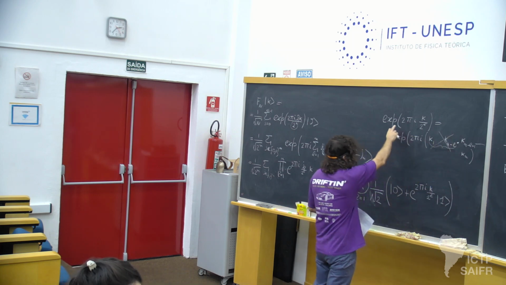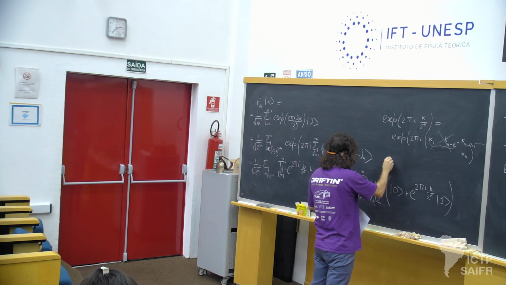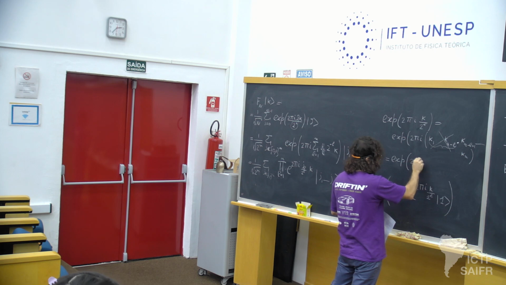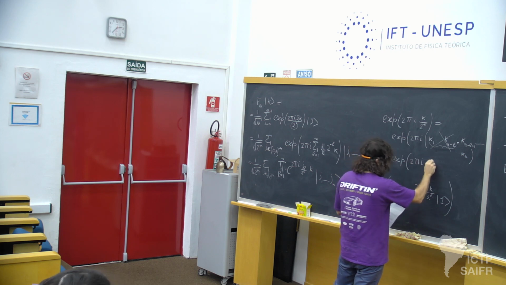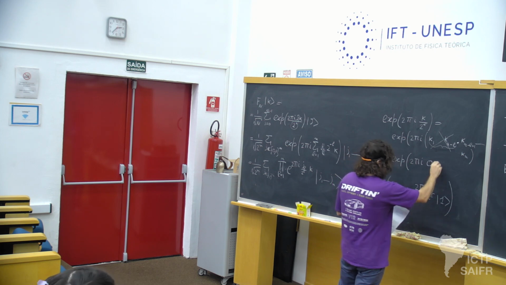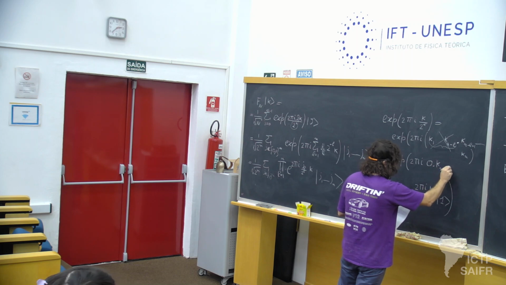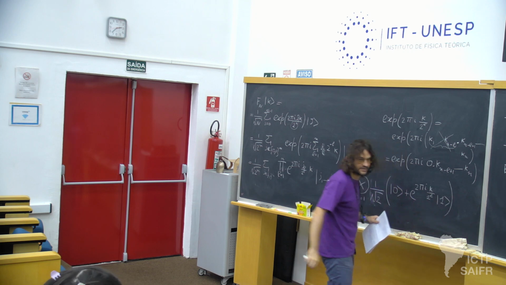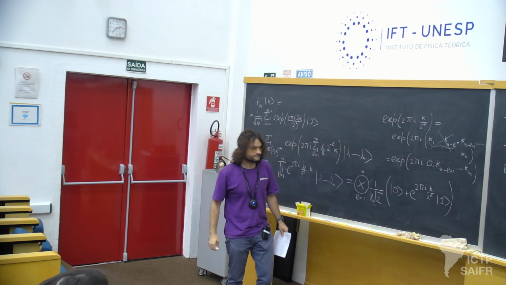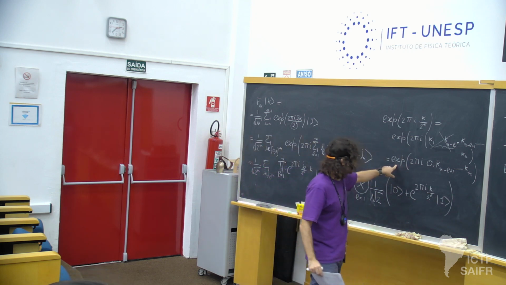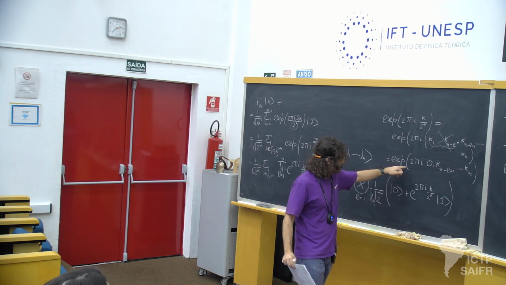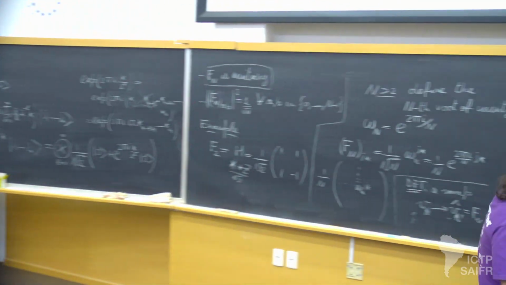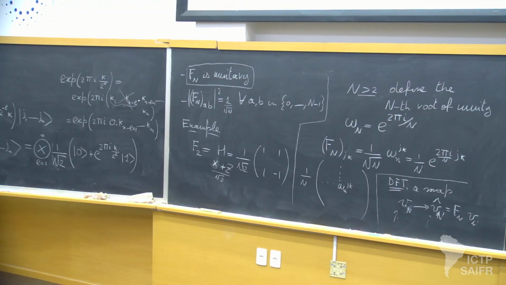And so finally this becomes the exponential of 2 pi i times 0 dot k_{n-L+1} up to k_n. And notice that now we start to arrive at the right spot, because we start to see something very similar to what we were looking for.